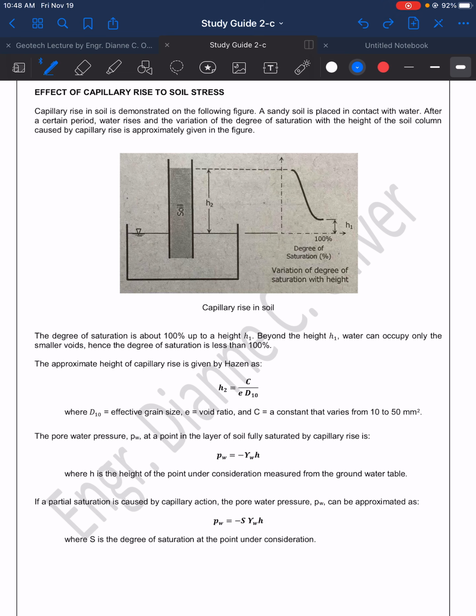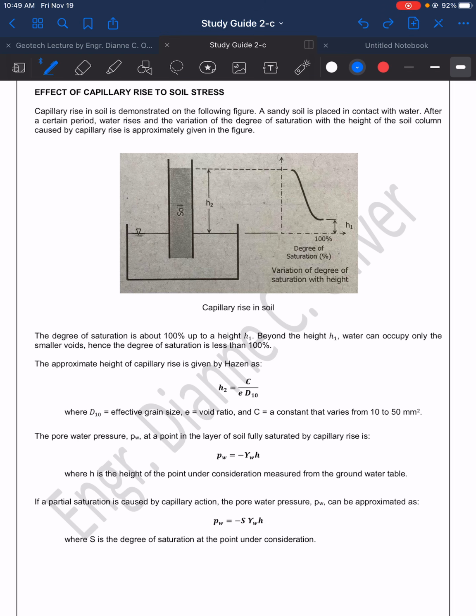After a certain period, water rises, and the variation of the degree of saturation with the height of the soil column caused by capillary rise is approximately given in the figure. The soil inserted in this water experiences a capillary height of H2. So how do we get the value of H2?